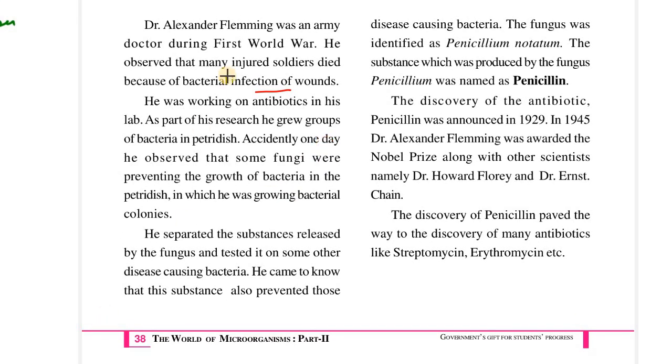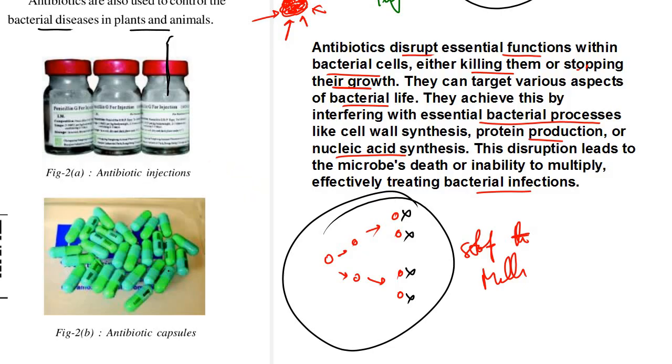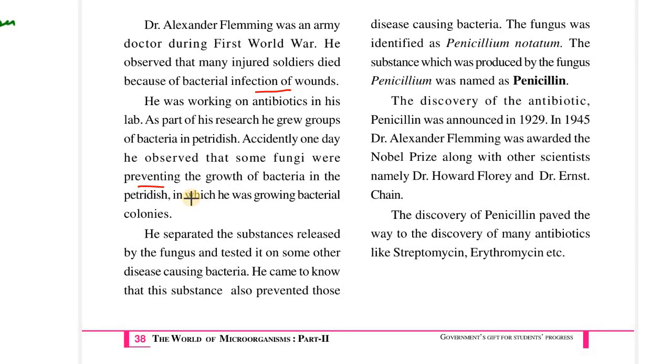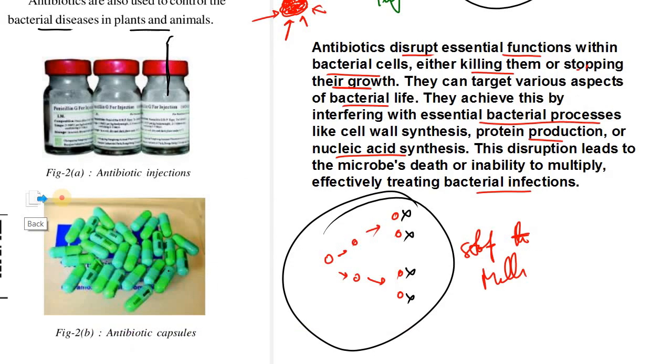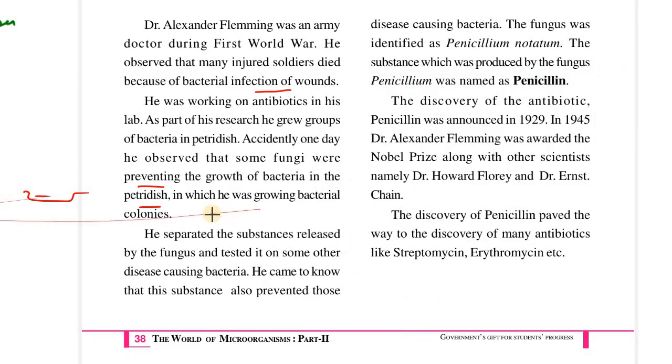Okay, so now he was working on antibiotics in his lab. As part of his research, he grew groups of bacteria in a petri dish. Accidentally, one day he observed that some fungi were preventing the growth of bacteria in the petri dish. A petri dish is a small bowl, something like that, in which he was growing bacterial colonies.